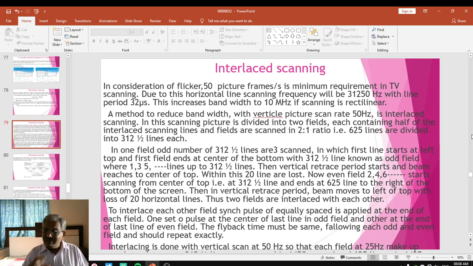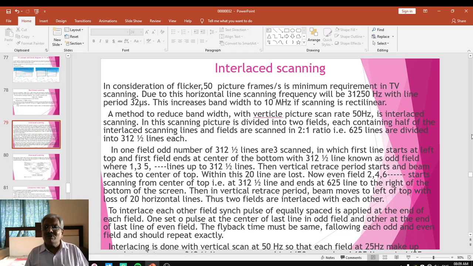During this one vertical scan, for the horizontal deflection system, in the sawtooth wave the current slowly increases during the trace period, whereas during the retrace period it suddenly falls back. And this happens 625 times to scan the 625 lines. Similarly, during these 625 horizontal lines, only one vertical trace and retrace is produced.